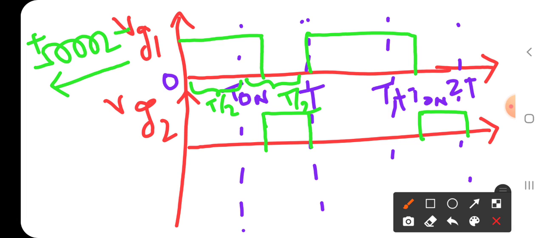Let's write on that. Mode 1. It is assumed that the inductor stored maximum energy in the reverse direction and is ready to discharge in the reverse direction only.